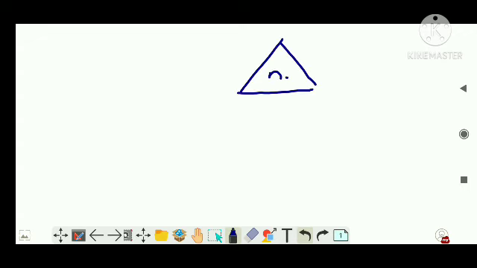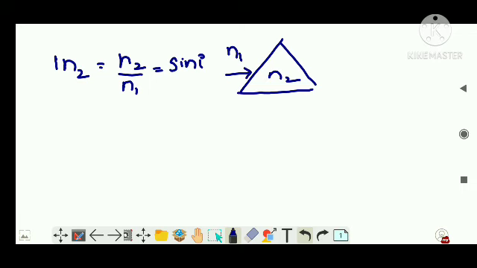It has refractive index N2, and the outside surface has refractive index N1. Then the refractive index of N2 compared to N1 is equal to sin I divided by sin R, suppose the incident ray is in this way.